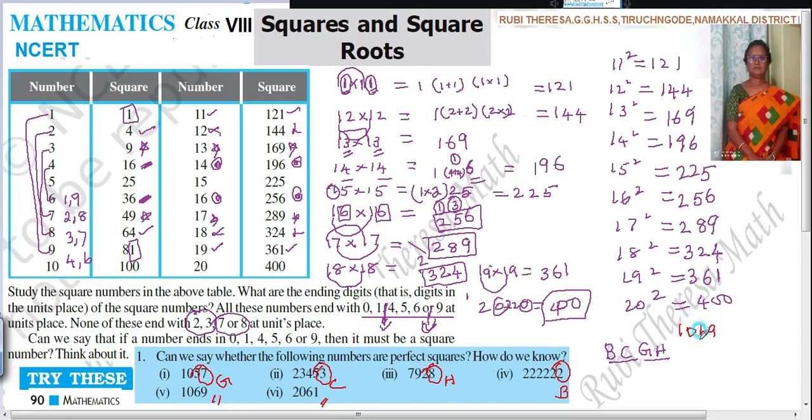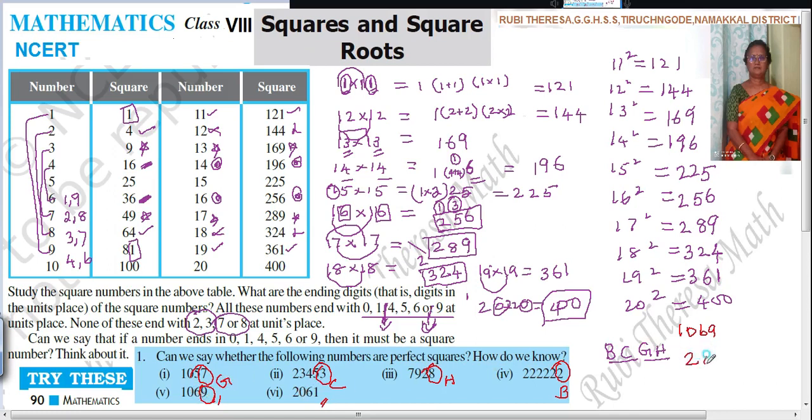It may be a perfect square, but it is not so. I worked it out for you. It is not a perfect square. Since you can say that it is ending with 9, it may be a square number, but I worked it out and I saw it is not a perfect square.